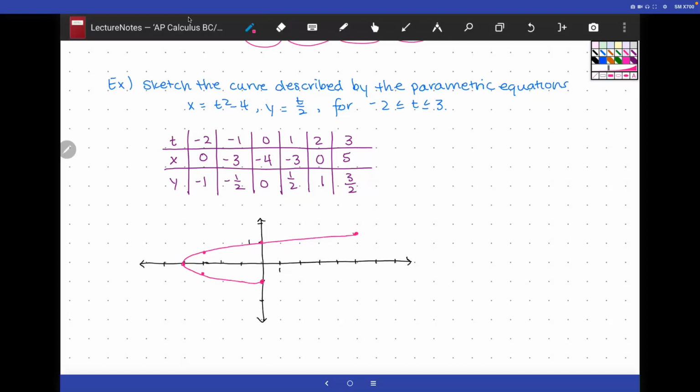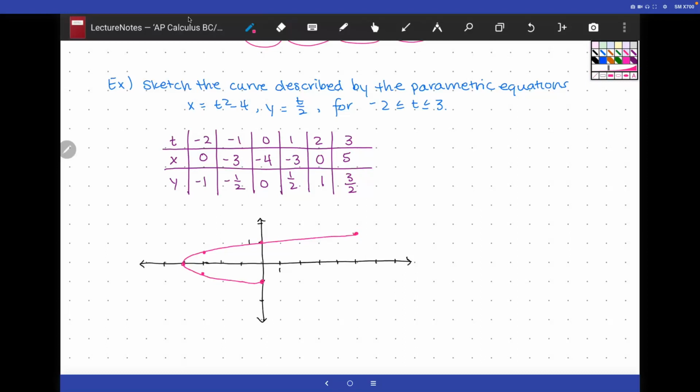And as t was increasing, we can see the actual path that the curve was taking, or the particle was taking. It's starting right here, and it's traveling along the curve. And it's going in a particular direction. And we want to indicate that particular direction on this.